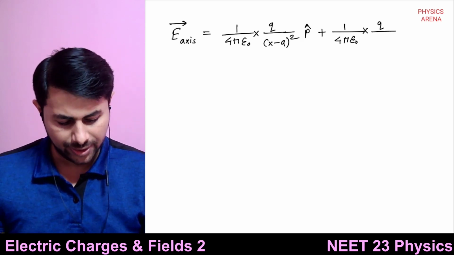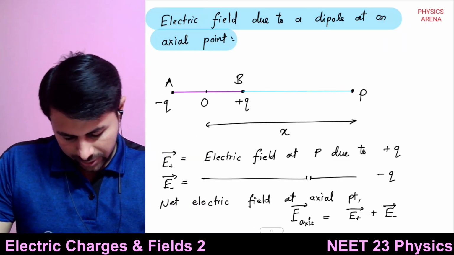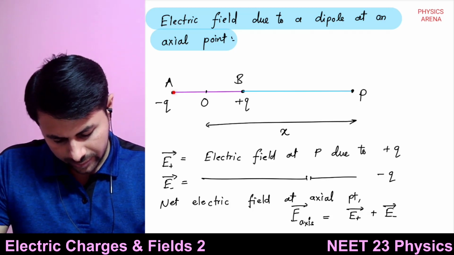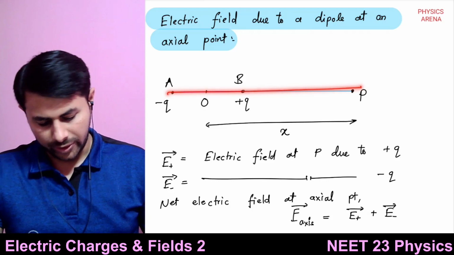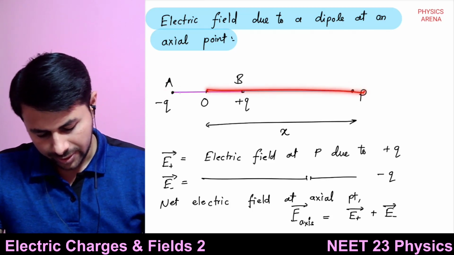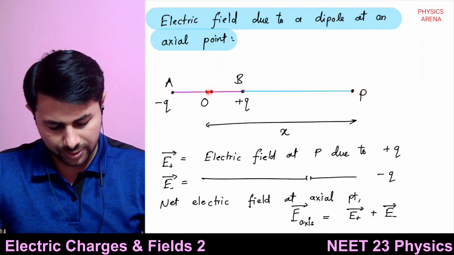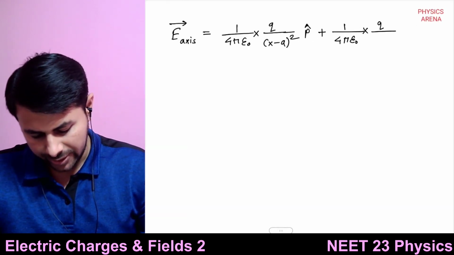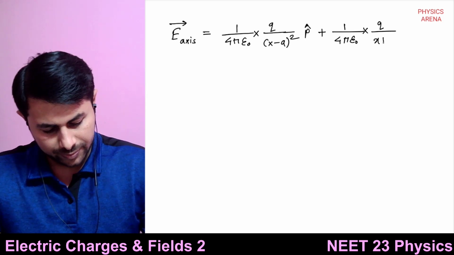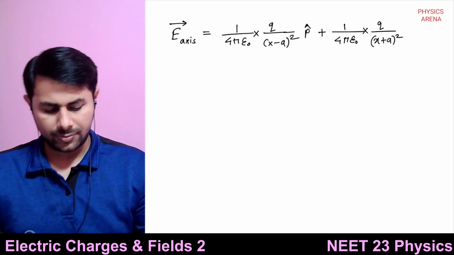I am just writing the magnitude right now. So how much is that distance? It is equal to this distance plus this distance, so it is x plus a. It is x plus a squared, right?